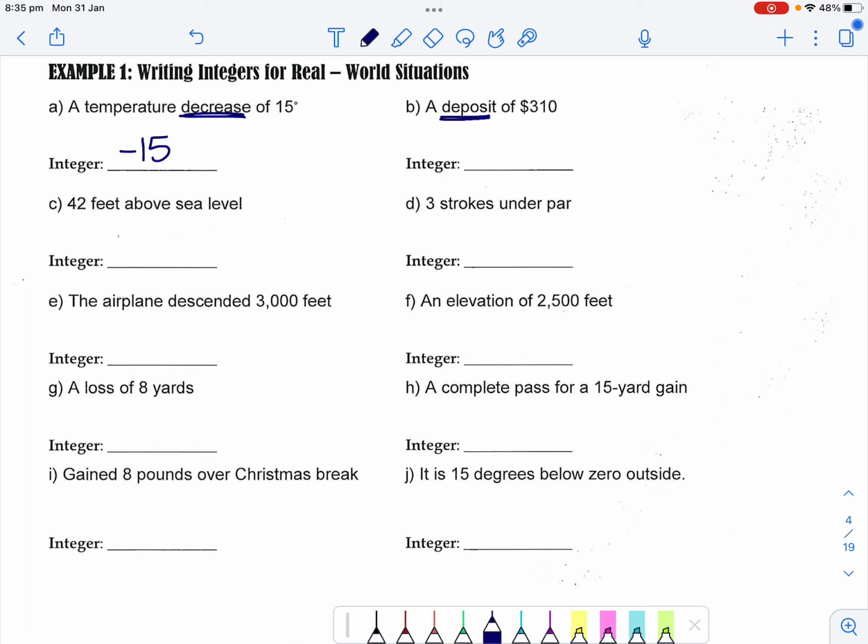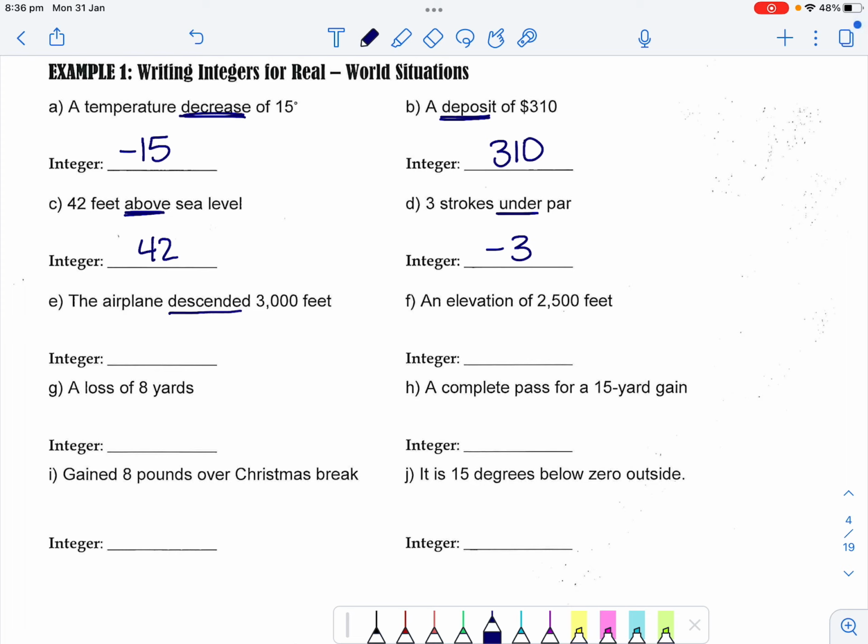A deposit of 310 is going to be 310. And I don't need a plus sign to represent my positive numbers. 42 feet above sea level is going to be 42. 3 strokes under par is going to be -3. So if par is 0, then under par is going to be -3.